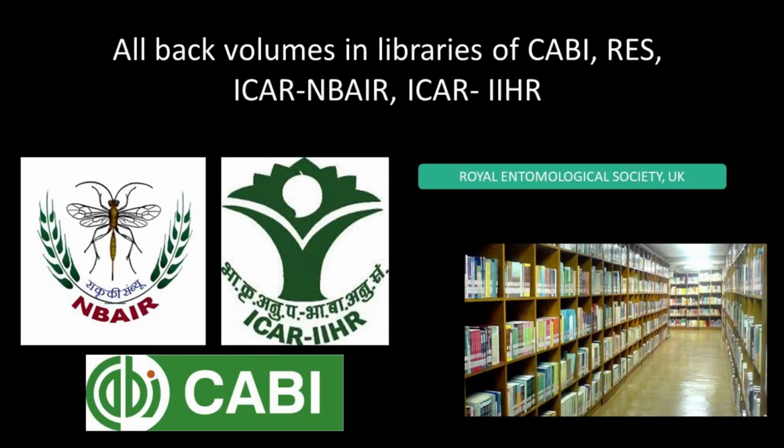So I appreciate their contribution in terms of encouragement to our journal. And our journal is found in most of the libraries, especially in the National Bureau of Agricultural Insect Resources of ICAR, and even the soft versions are made available there, so it can always be procured from there.